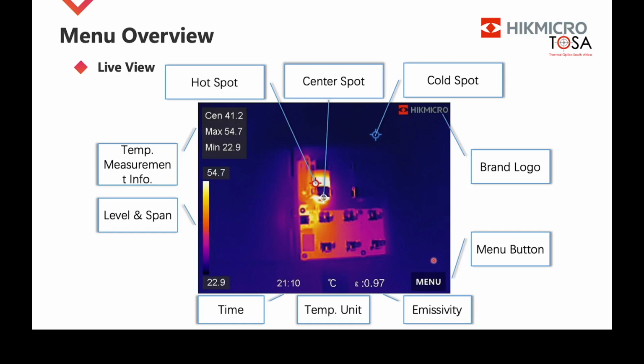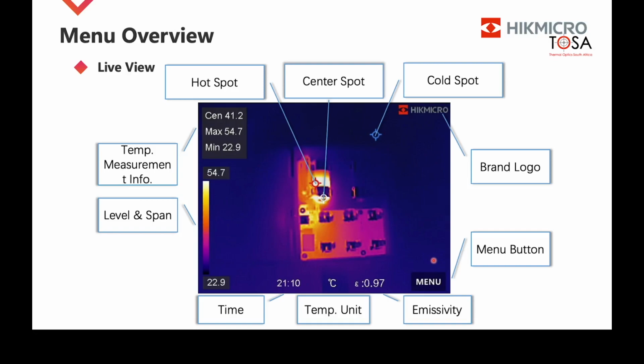The center spot, if we go just to the right of that, allows me to aim the center of the screen at a particular area of interest to measure that temperature. You'll see the central temperature is 41 degrees if you look at the top left-hand of the screen. And then there's a cold spot. Also you can see the minimum there of 22 degrees. The cold spot will find the coldest spot on the image that you're looking at.